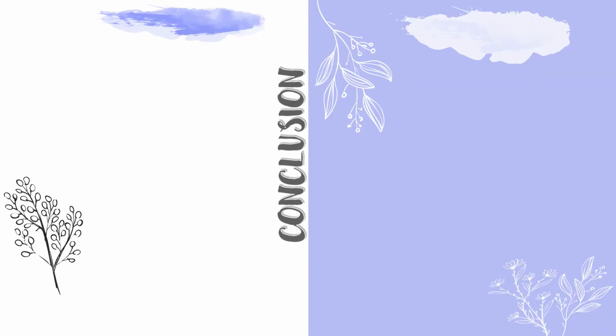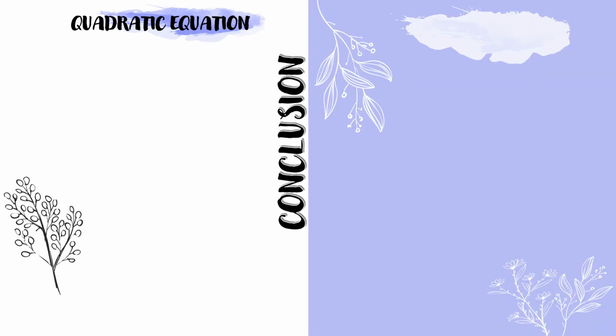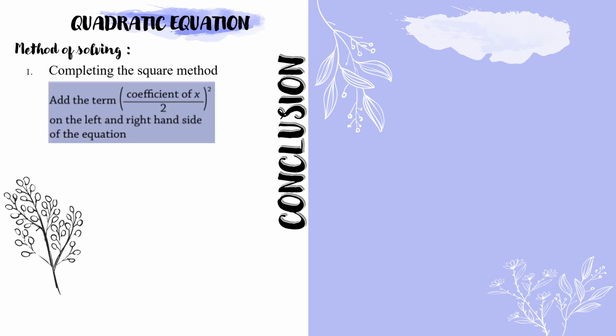Okay, so this is our conclusion. So in the beginning, we learn quadratic equation. Okay, the method of solving, there are 3 methods. First is factorization, but since we already learned in lower form, so we only focus on completing the square method. What you really need to remember for completing the square, first you need to make sure that your coefficient for ax square, a, must be 1.